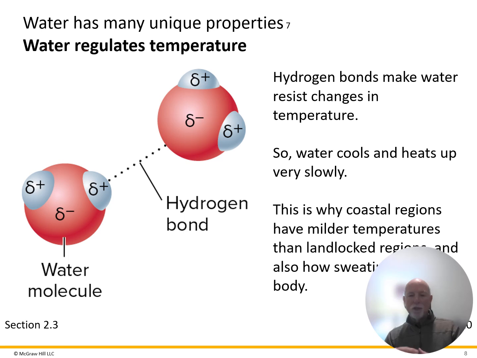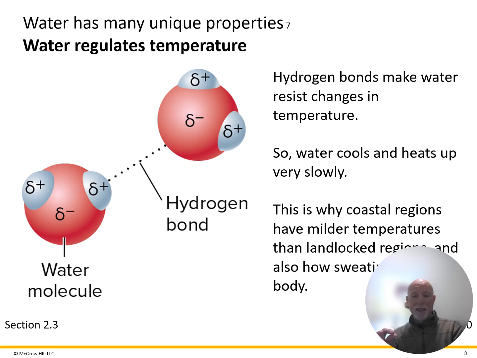Because of this strong attraction, this cohesion between water molecules, it takes an enormous amount of heat to heat water up, and it takes a lot of cold to cool water down. If you remember from your high school and junior high science, we call that specific heat. Specific heat is the amount of heat required to raise the temperature of 1 gram of water 1 degree Celsius.